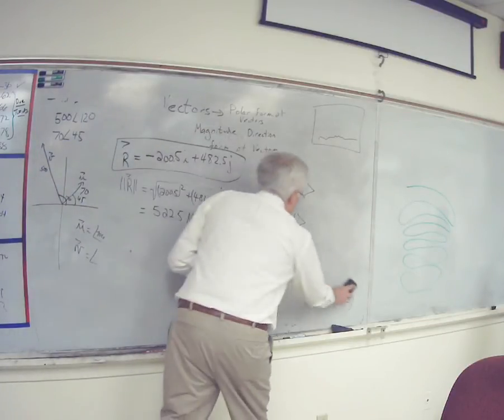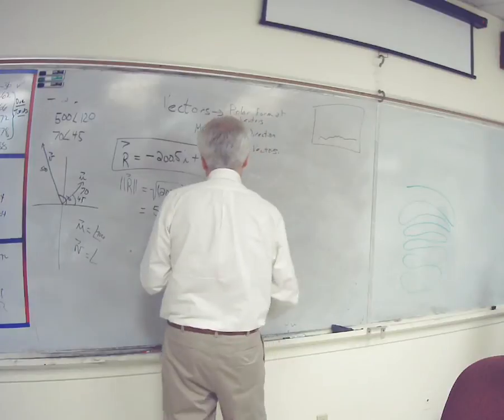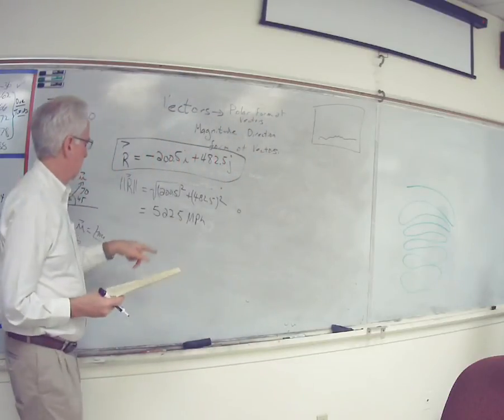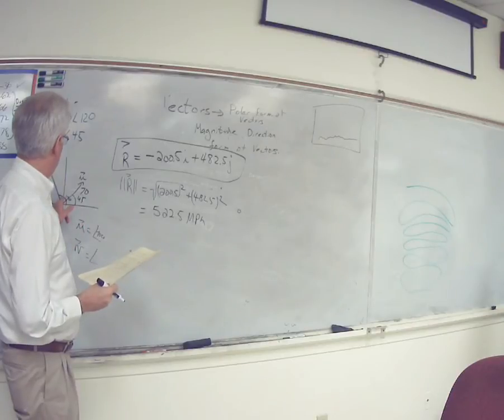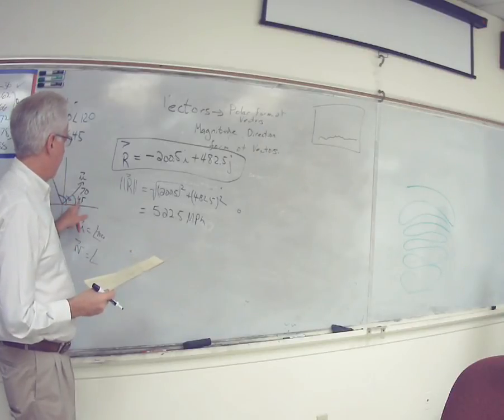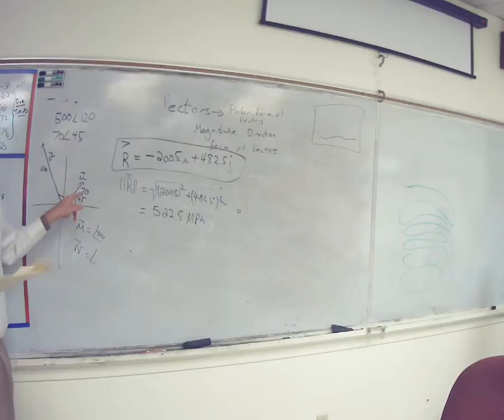Mr. McCord, on the equation you just erased, you wrote down 75 instead of 70. It's 120 and 45, and the magnitude is 70. Yes. Okay, thank you. All right, so 522.5 miles per hour.